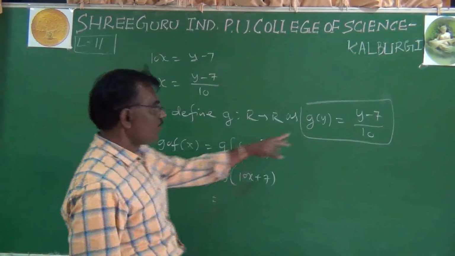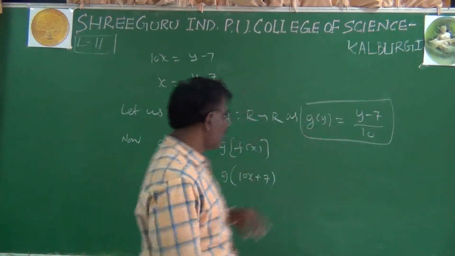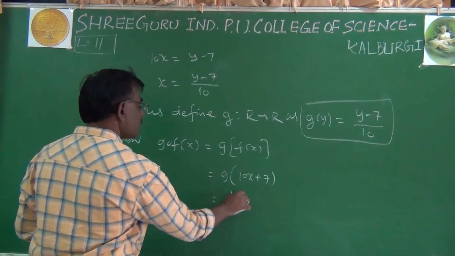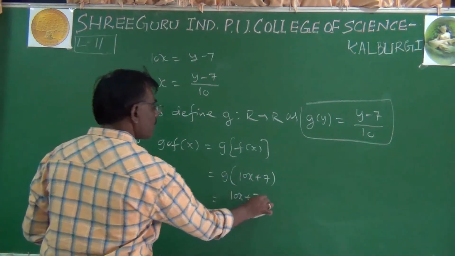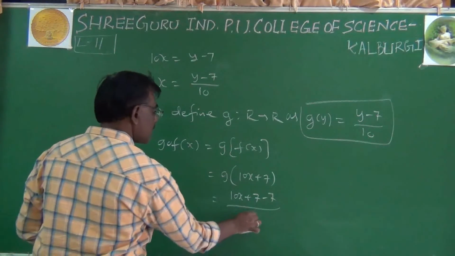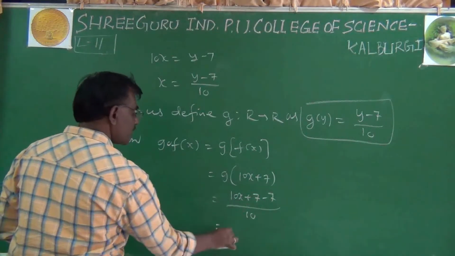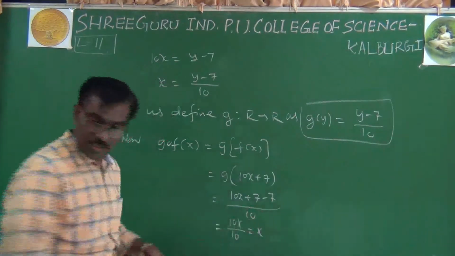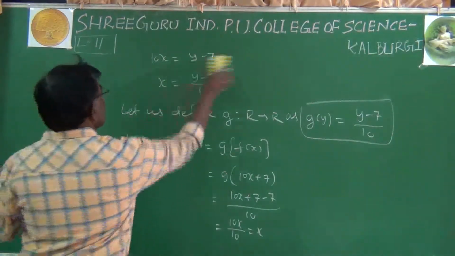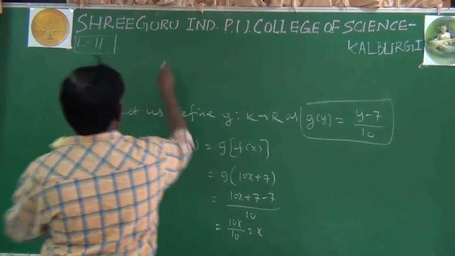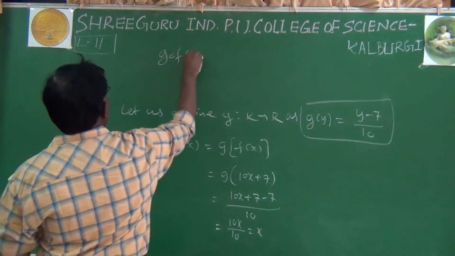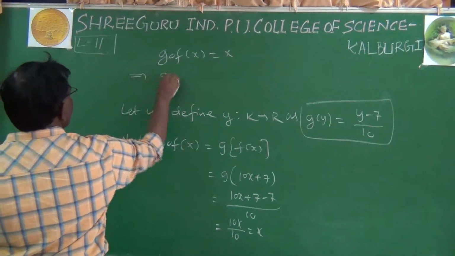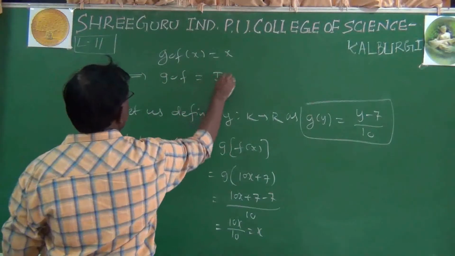So what is g of y? (y minus 7) by 10, replacing y by 10x plus 7: (10x plus 7 minus 7) by 10. So the 7s cancel, 10x by 10 equals x. So g composition f of x is equal to x. It implies g composition f equal to I sub R.